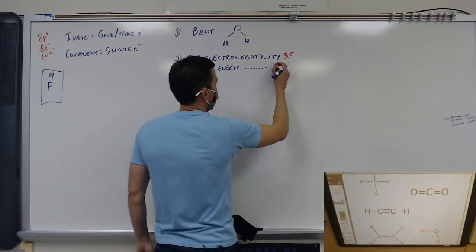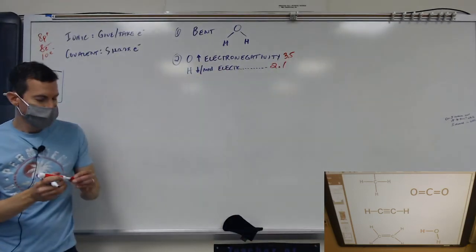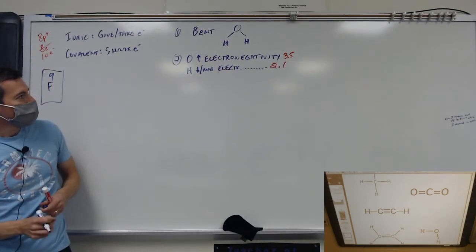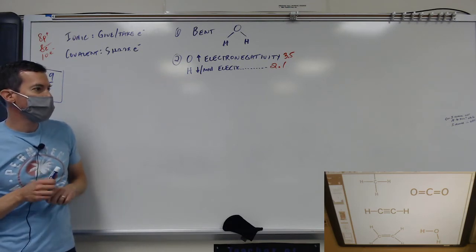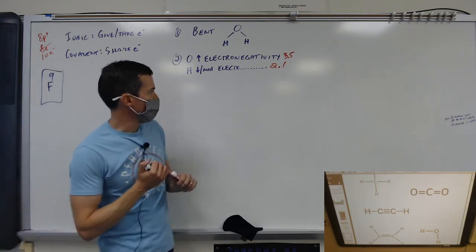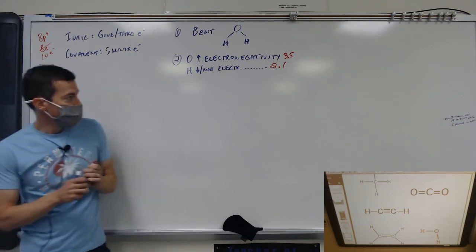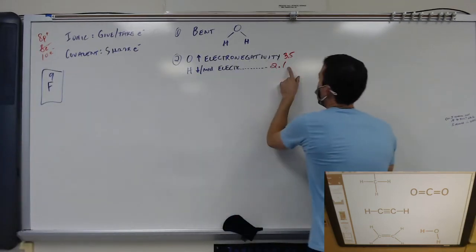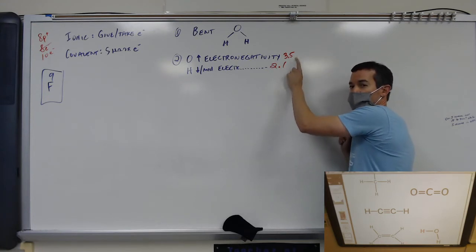It's about 2.1. Oxygen has a high electronegativity. Hydrogen has a low to medium electronegativity. If you want to think of it this way, 2.1 to 3.5, that means this is about 75% higher.